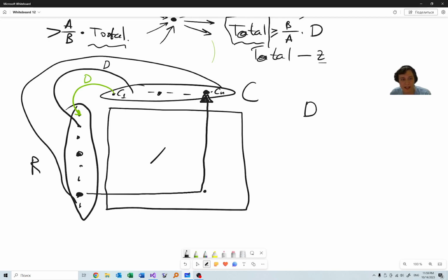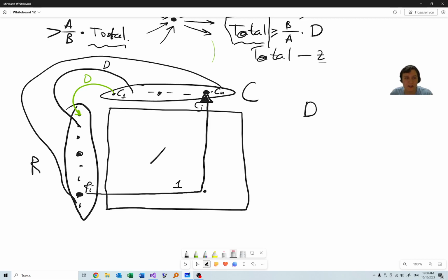This means that we can direct one unit of flow from Ri to Cj, or we can not send this unit. And in either case, this would be fine. So we are allowed both to put the chip there or not to put.